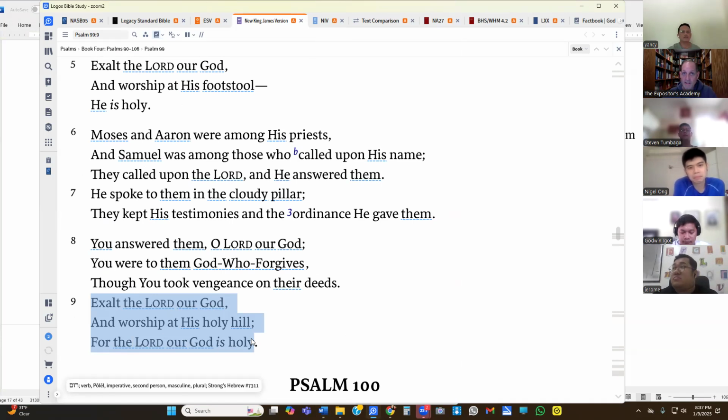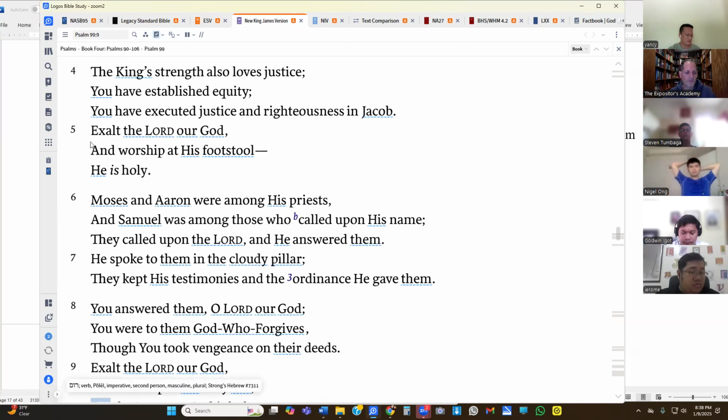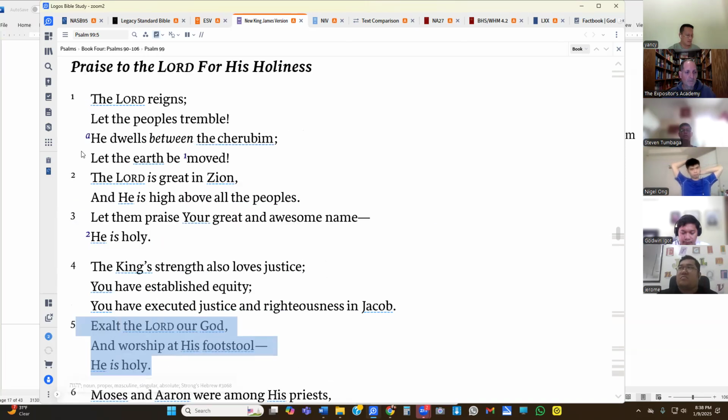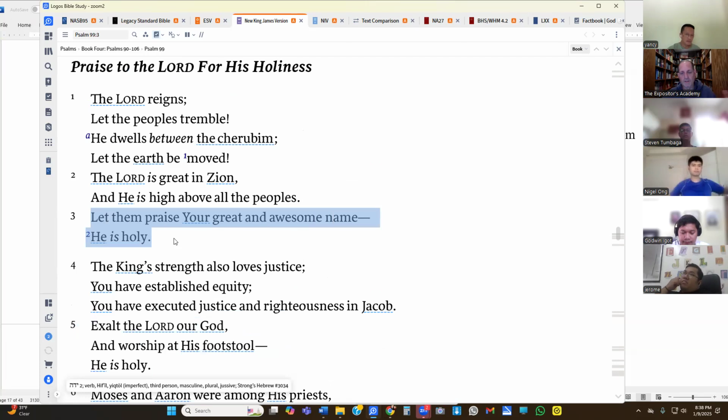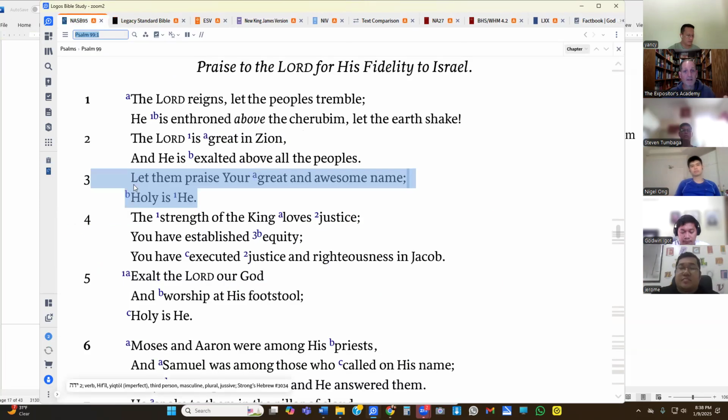So he explicitly tells us in the last verse, he does make that connection explicitly for us with the conjunction. So I think, given that verse 9 is the same as verse 5, is similar to verse 3, they're all functioning as a refrain, I think it is very reasonable to assume that holy as he is the reason.